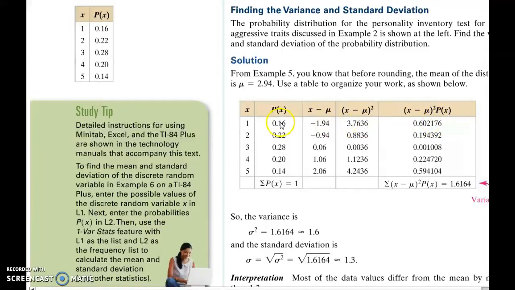So by column 1 here, the 0.16. So after you've squared it, multiply it by its probability. And then once again, we're just going to sum those up. And when we add them all up, we get the variance. And like always, standard deviation is the square root of the variance. So we would just take the square root of that value to get our standard deviation.